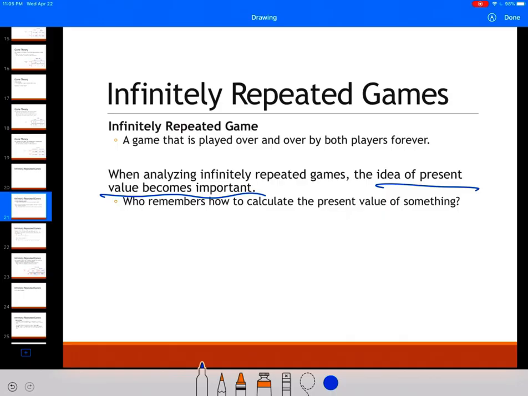But the idea is you basically have to discount by the interest rate, okay? Because suppose I have the opportunity to have $1,000 now or some amount of money in the future. And so what would I be willing to take, right? Or what would I be willing to pay is maybe the way to think about it, right?